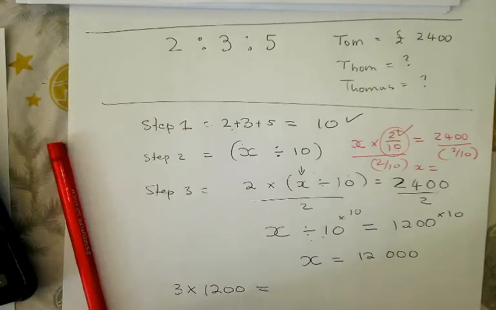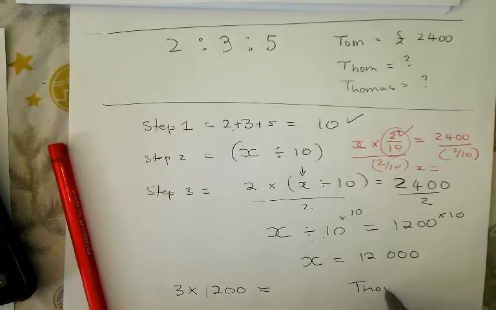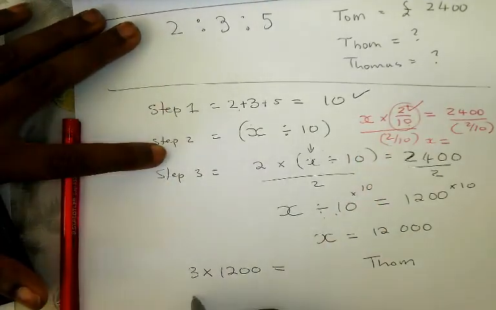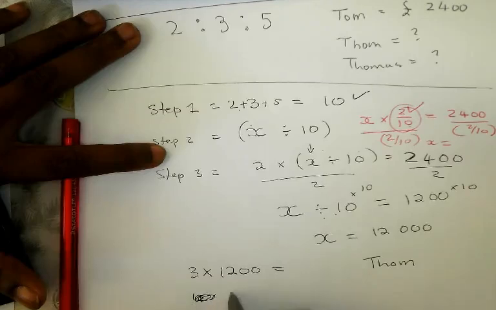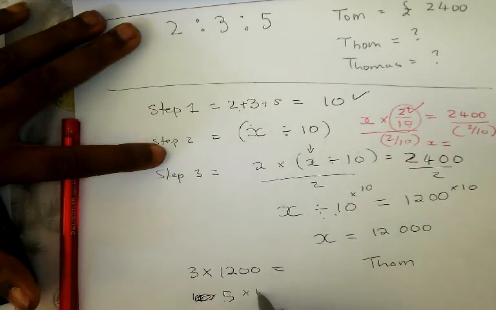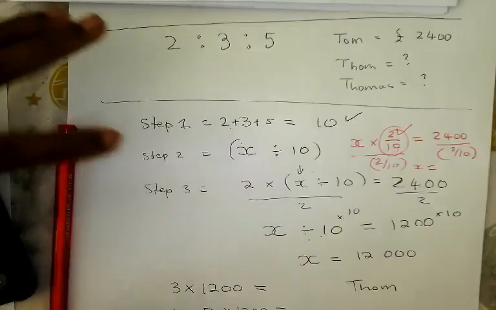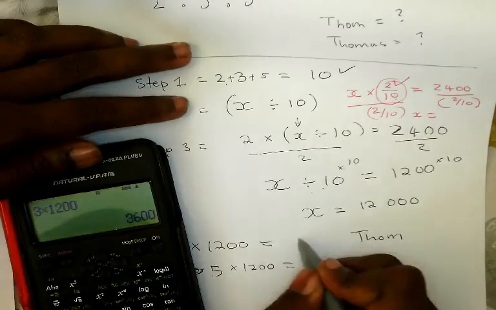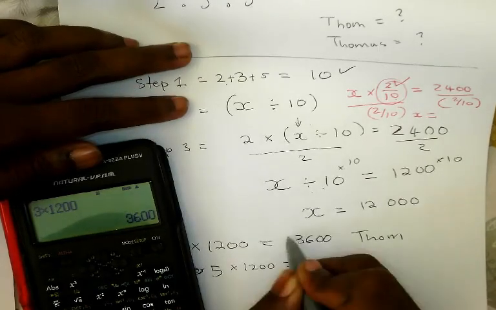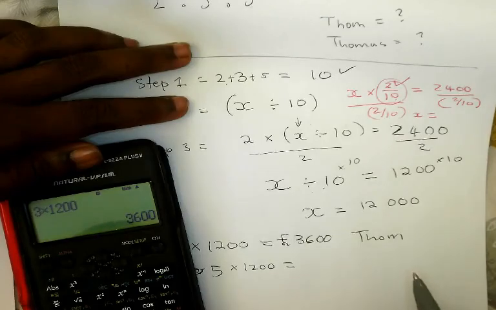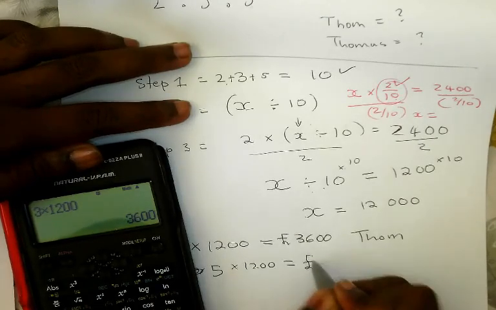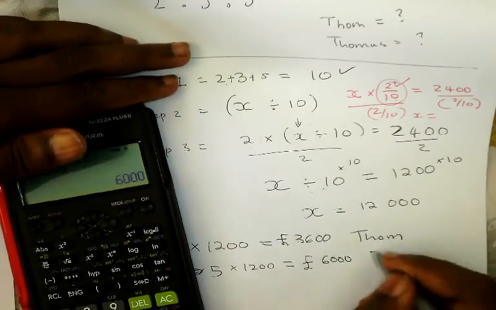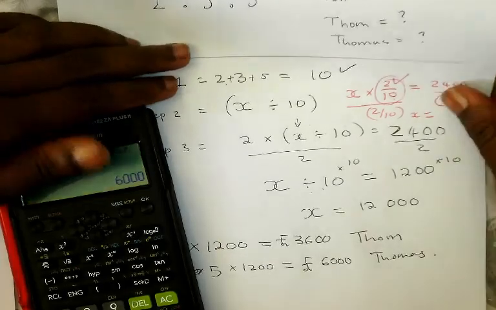And then I multiply by the other ratio, which is 5, to get the share for Thomas. So 3 multiplied by that is 3,600. That's how much he's getting as his share. And this one's share, times 5, is 6,000. When you add up everything, it should give you 12,000. So you can do it this way to save time.